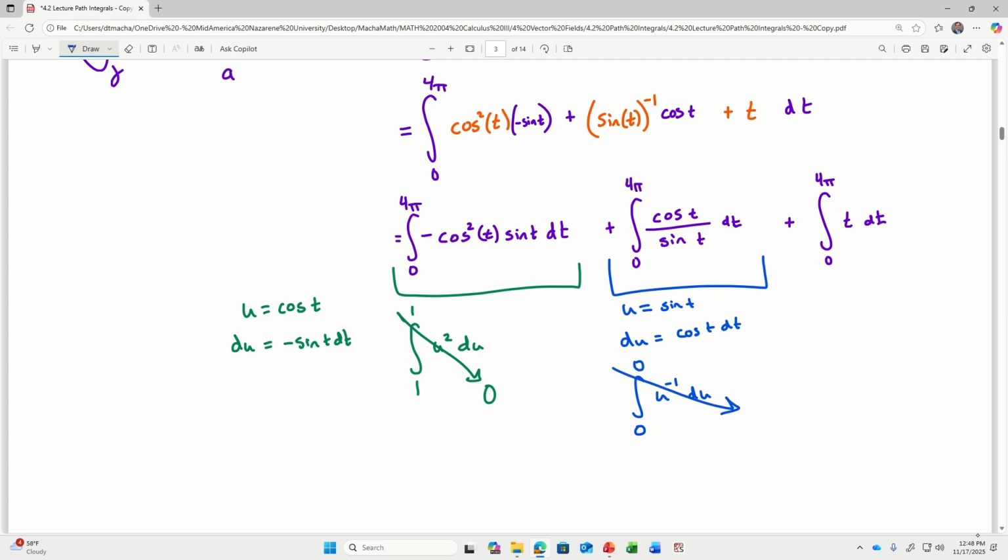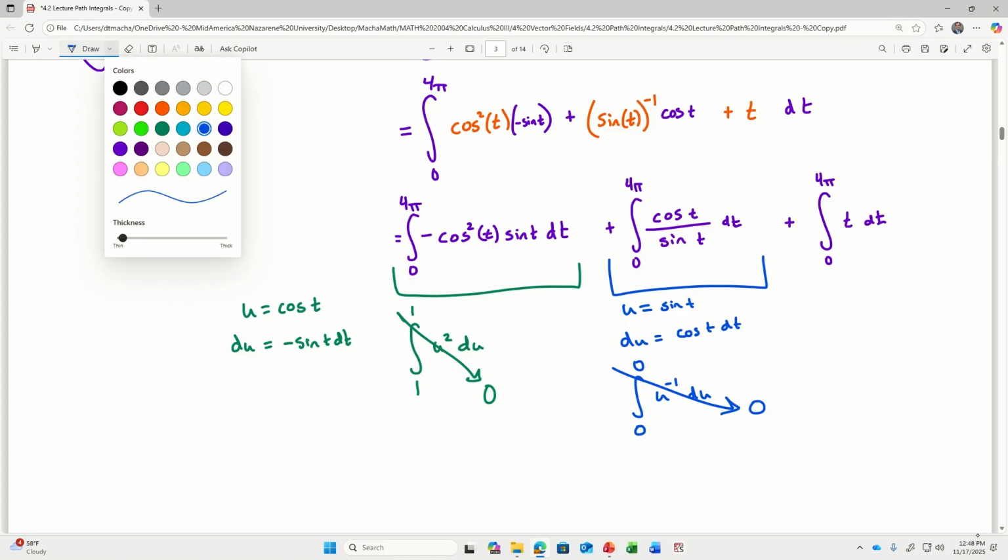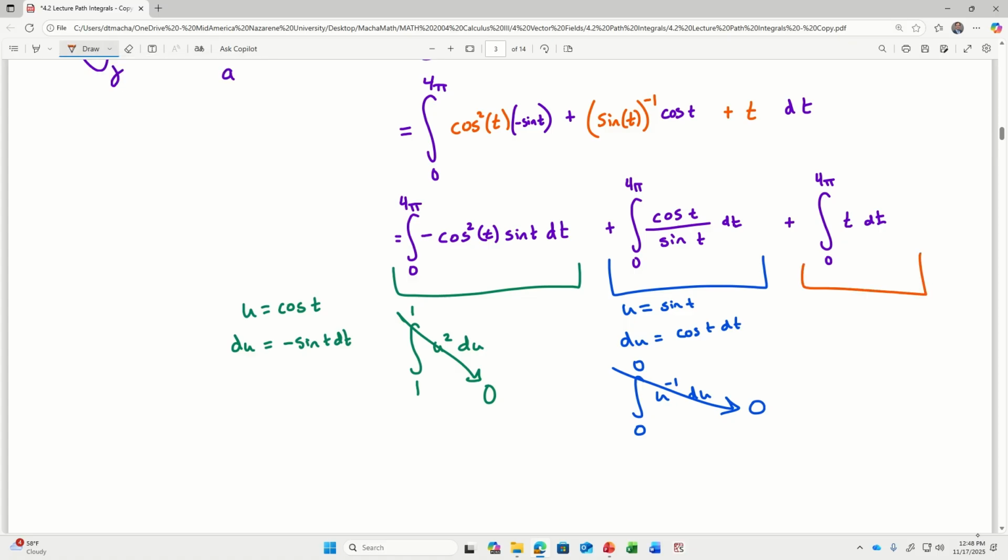Oh, wow. That's crazy. What is the last one? I'm going to get 1/2 t squared, which is 1/2 4 pi squared, which is going to be 16 divided by 2 pi squared.